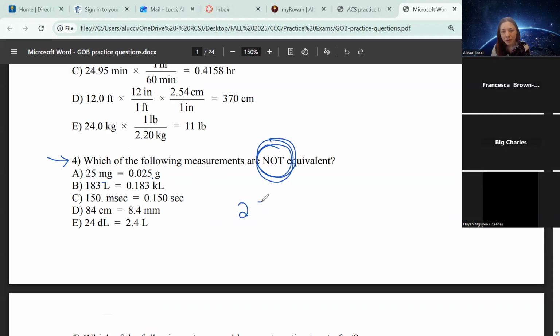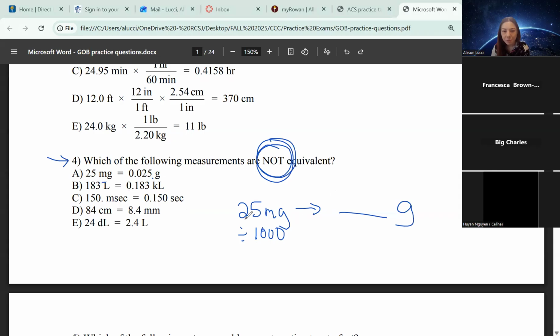So if I have 25 mg, to get this to grams here, I have to divide by 1,000. So you're expected to know these conversion factors between gram, milligram, kiloliter, liter, millisecond, second, centimeter to millimeter, deciliter to liter. So any of these units, I would know the powers of 10 between them, the prefix, what they mean.